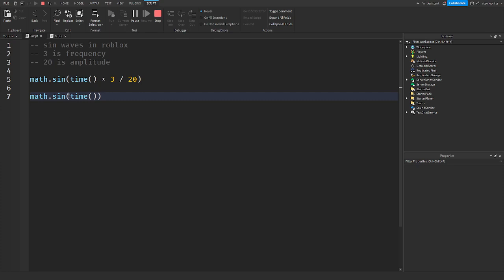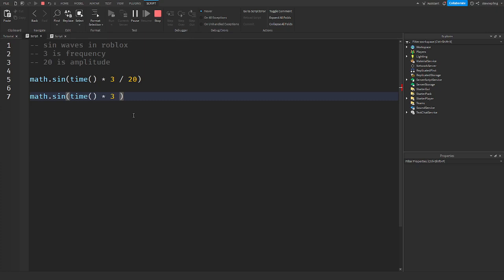So say we called time when the game first starts, that could be something like 0.5. If we called it later on, that could be a minute, so 60 seconds could have gone by. That is what time is.